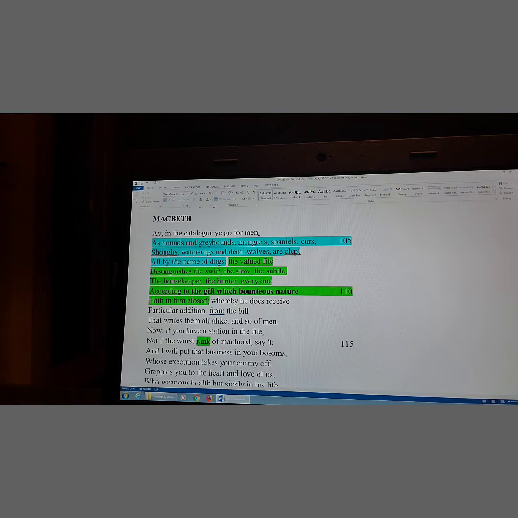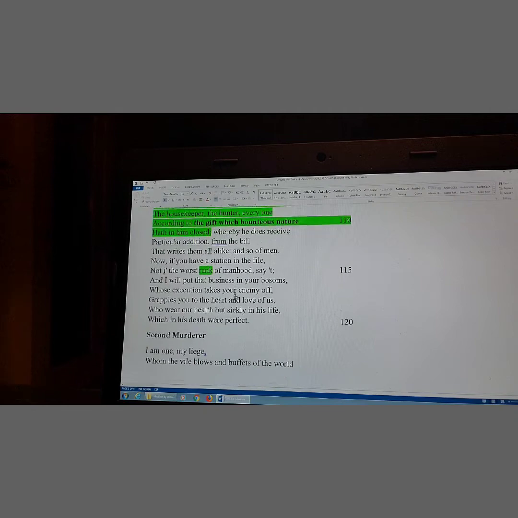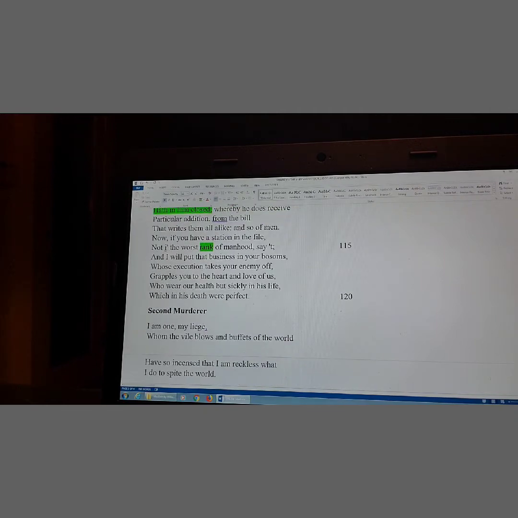So keep going, whereby he does receive particular addition from the bill that writes him them all alike, and so of men, right?